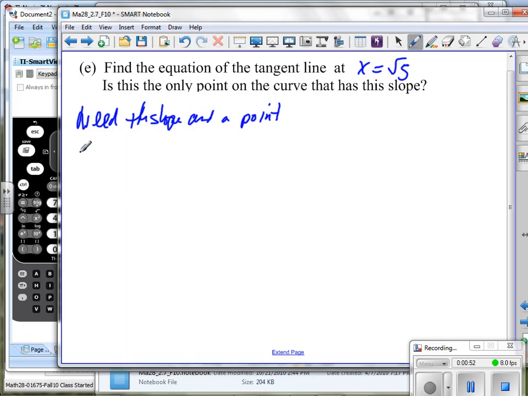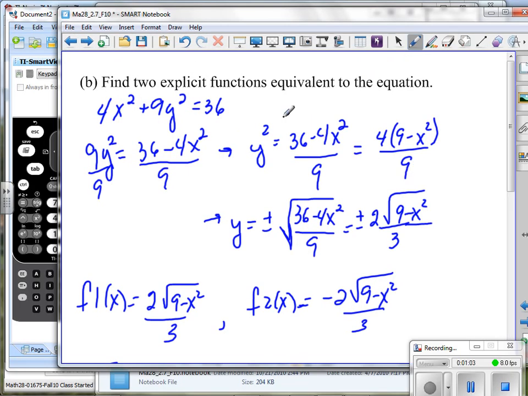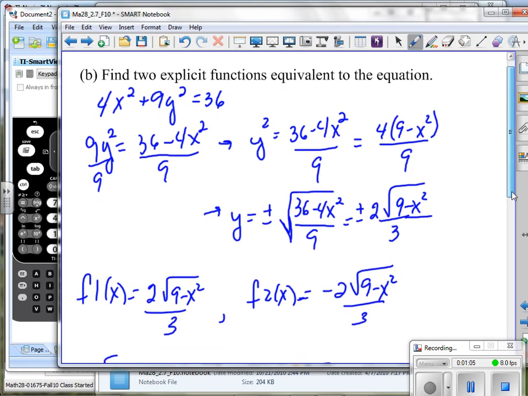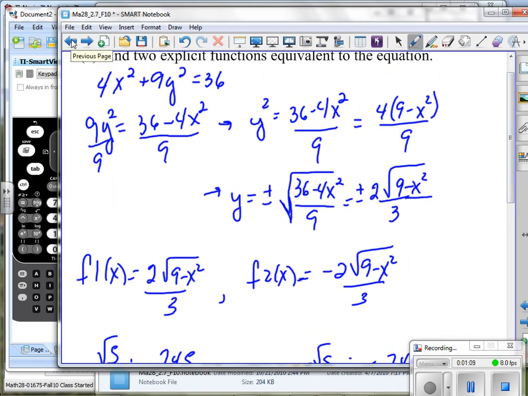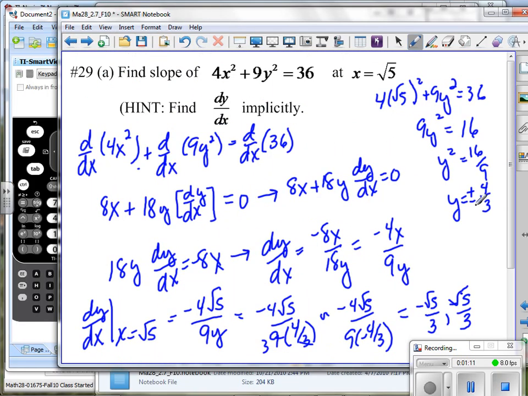Well, do we have a point? We actually have 2 points. So we have the point square root 5 and what? What did we come up with? 4/3 and negative 4/3. Was it 4/3? Yep, a negative 4/3.